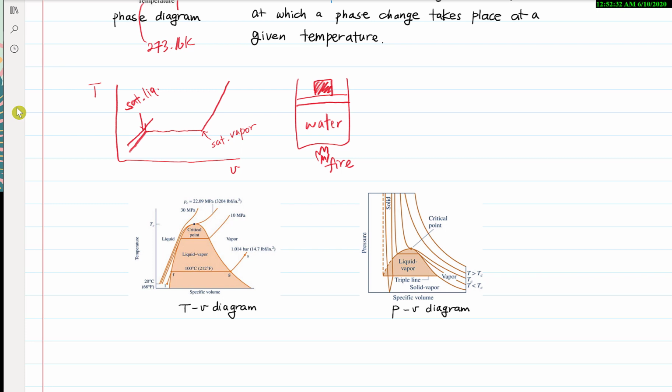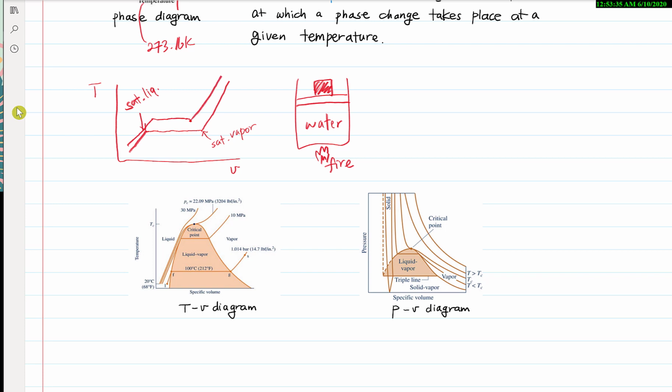And the specific volume of the saturated vapor is smaller. The horizontal line that connects the saturated liquid and saturated vapor gets shorter as the pressure increases.